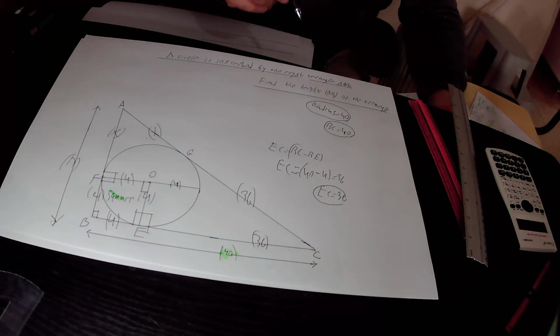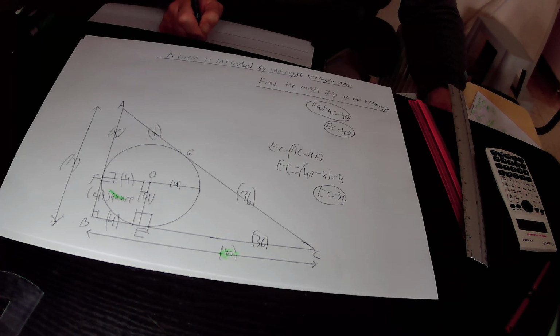It equals (x plus 4) squared, which is x squared plus 4 squared, that is 16, plus 2 times x times 4, that is 8x, plus 1600.